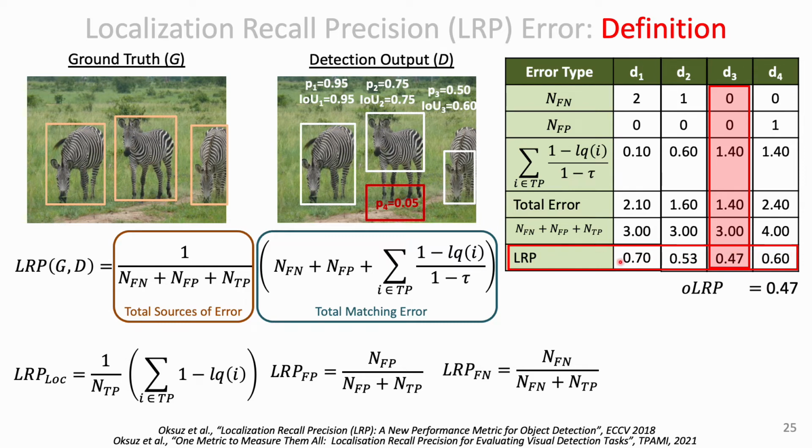So among the LRP values, the lowest LRP is called the optimal LRP value, and in this case it is 0.47. And we can analyze the components of LRP for this optimal setting, and it gives important cues about the performance of a detector. And this threshold that led to the optimal LRP value is critical.